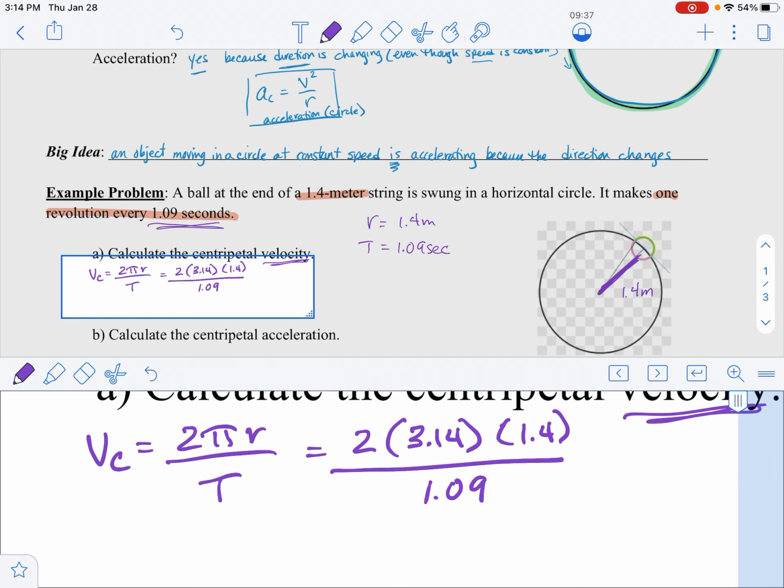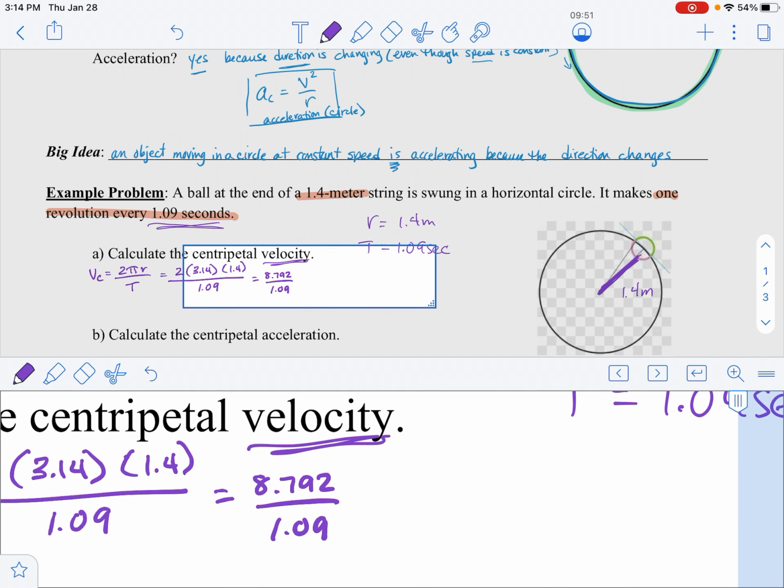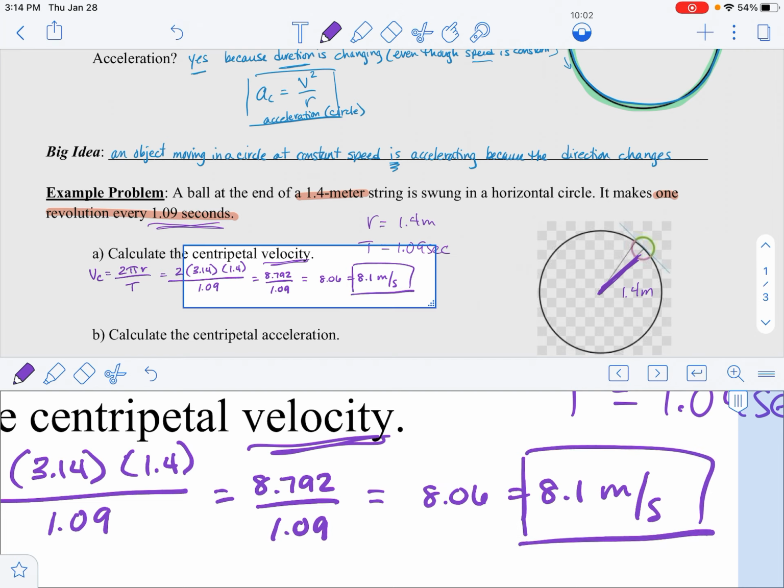That's how long it takes this thing to go all the way around the circle one time. I'm going to put this in my calculator. I have to simplify the top first, so that's going to be 8.792 over 1.09. When I divide that out, I get 8.06. I'm going to round that to 8.1. It's still meters per second, right? Because this is still a velocity number. So that's the speed that my thing is going, 8.1 meters per second.